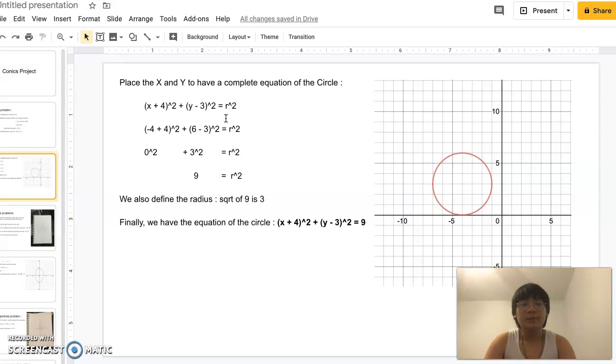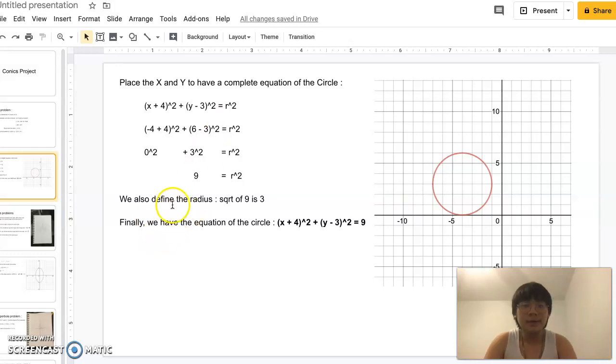We have (-4 plus 4) squared plus (6 minus 3) squared equals r squared. As a result, we have 0 squared plus 3 squared equals r squared. So 9 equals r squared.